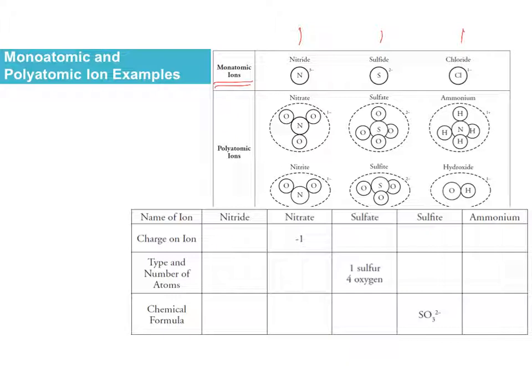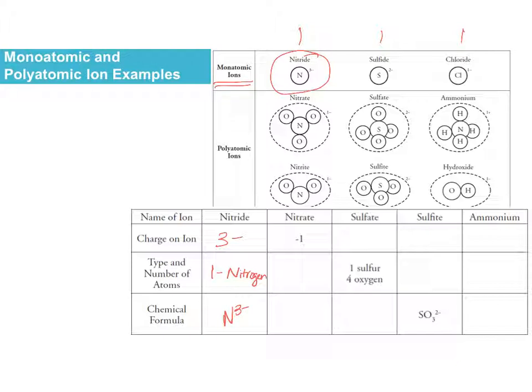Just to fill the table out so that you can see what's going on here. So nitride, that's the nitrogen ion. It's got a 3- charge. It has one nitrogen, and its chemical formula is N3-.